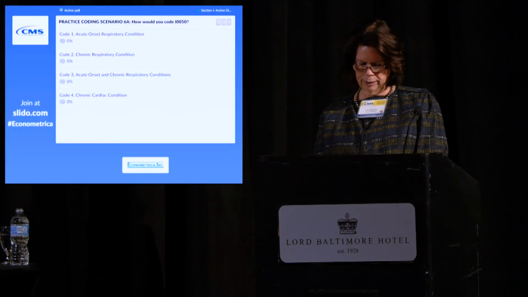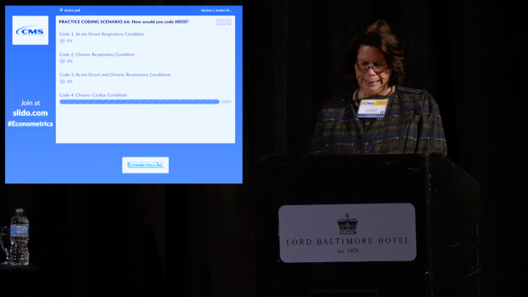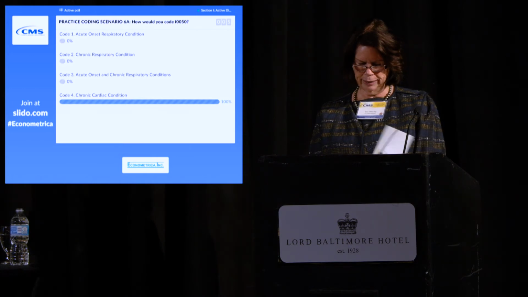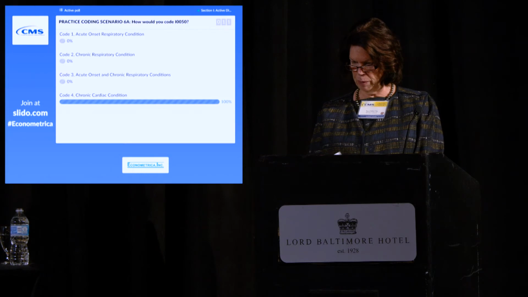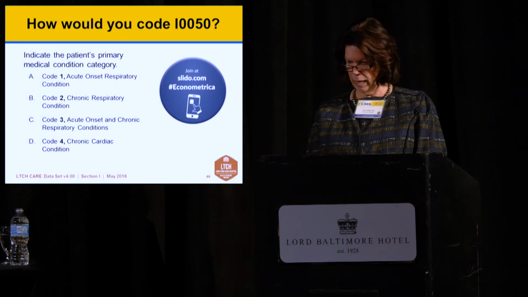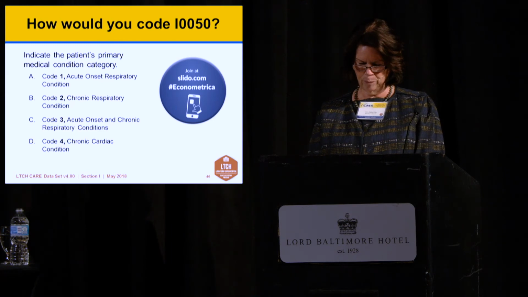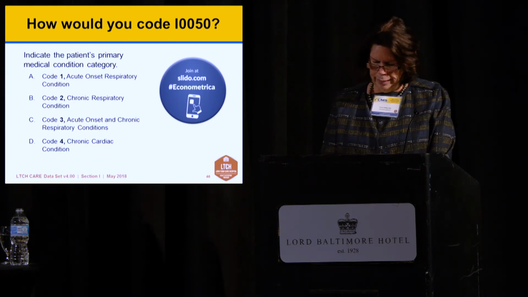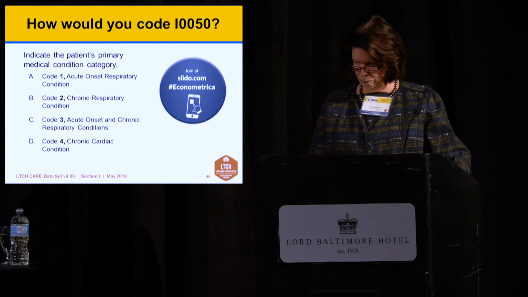A, acute onset respiratory condition, B, chronic respiratory condition, C, acute onset and chronic respiratory conditions, or D, chronic cardiac conditions. And again, you've responded 100%. D, chronic cardiac condition, excuse me, I'm ahead of myself.